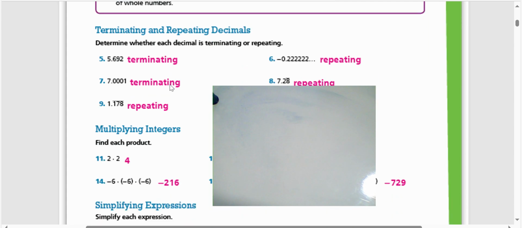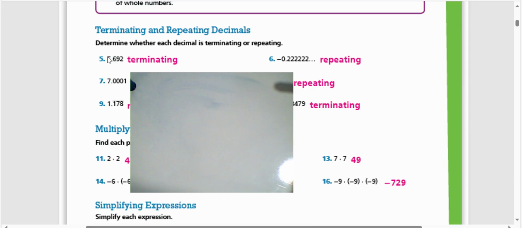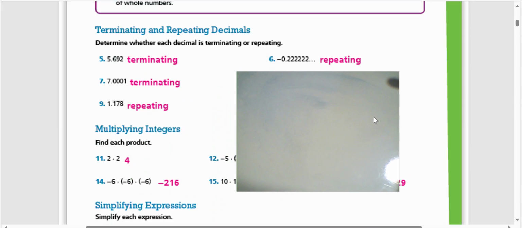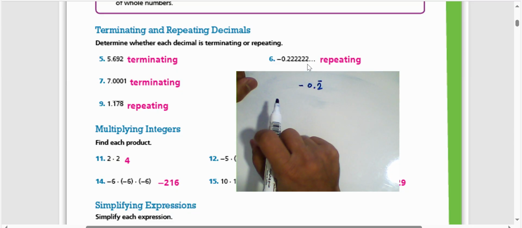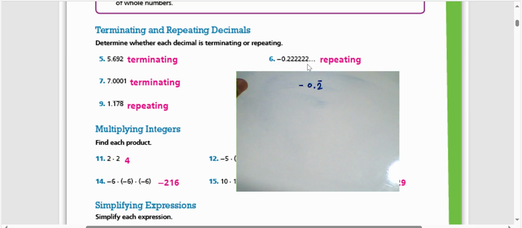This example here: determine terminating or repeating decimal. 5.692, we call it terminating. We have repeating number 0.0222, we can write 0.02 with a bar because 2 is repeating here.